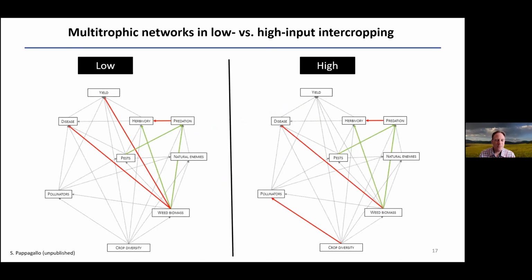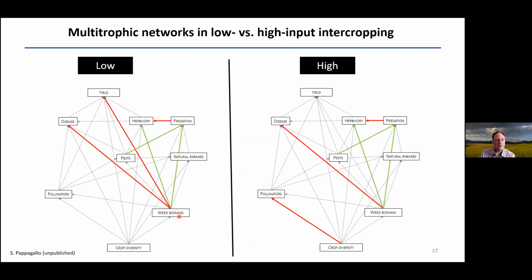Also in that system, we set up these structural equation models, and this is ongoing work by another PhD student of mine, Silvia Papagallo, and we put the yield up here. So in this case, the model includes also yield and crop diversity being the main manipulated variable. And in between is basically biodiversity components and also ecosystem processes.